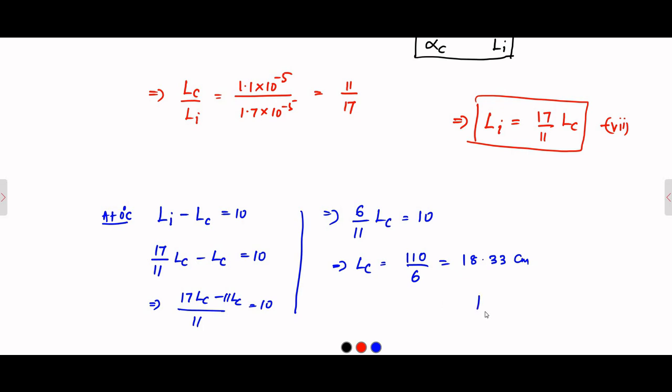The length of the copper cylinder at 0 degrees Celsius, the initial length, is equal to 18.33 centimeters. This is the first.